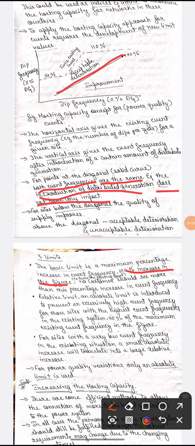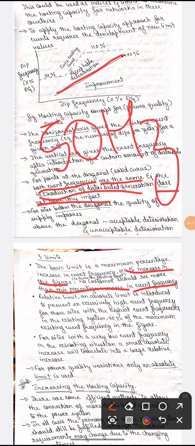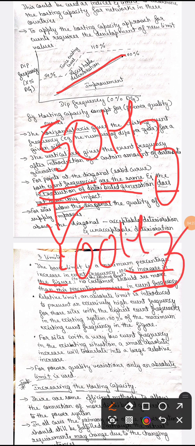No customer should see more than this percentage increase in the event frequency. For example, 50 Hz is the standard, right? They kept the standard, and it should not become 100 Hz. It should not become twice the existing level.